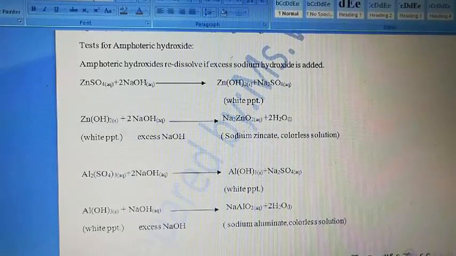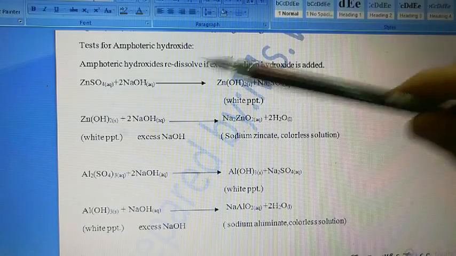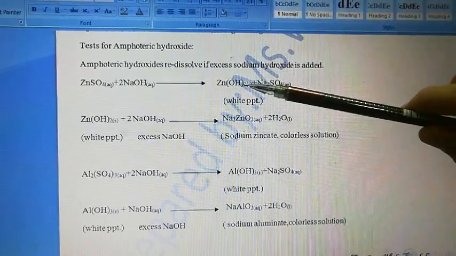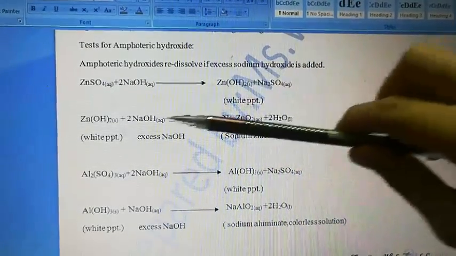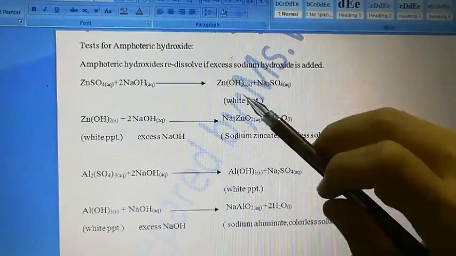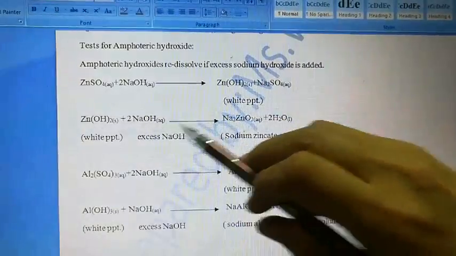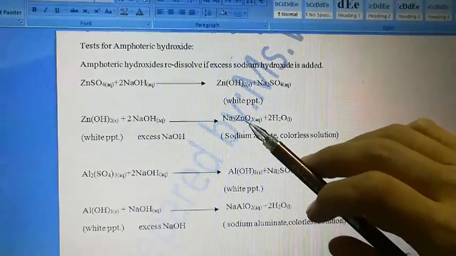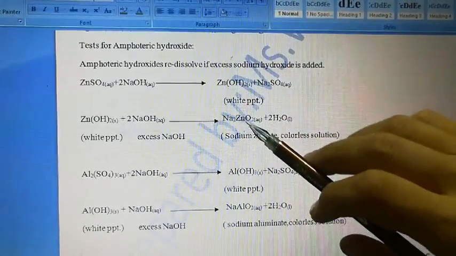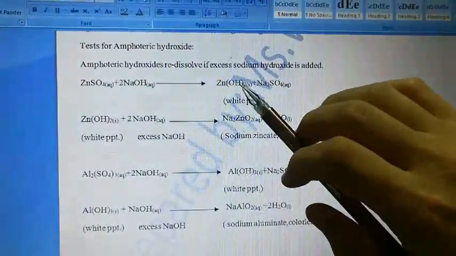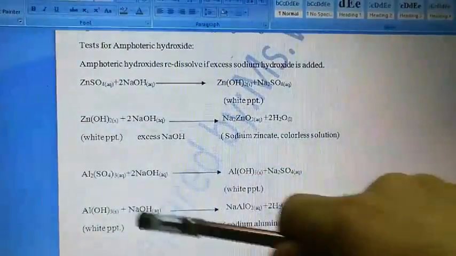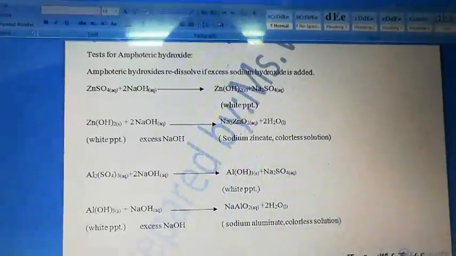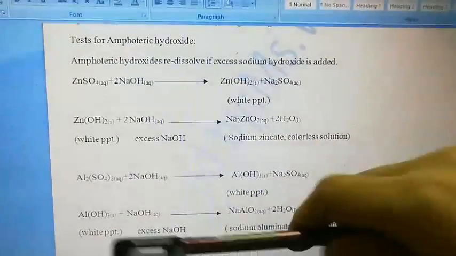So the only thing that you have to know from this rule is that zinc hydroxide is an amphoteric, so the solid will redissolve with an excess base to give us a salt. This salt is unstable, as I told you, and I can prepare zinc hydroxide from zinc sulfate. Type.